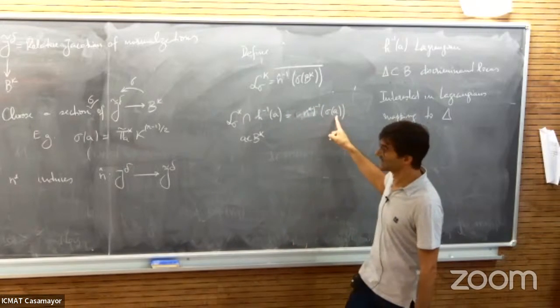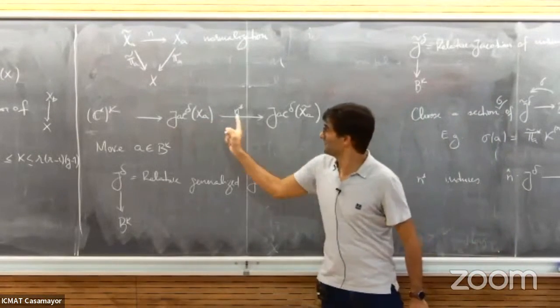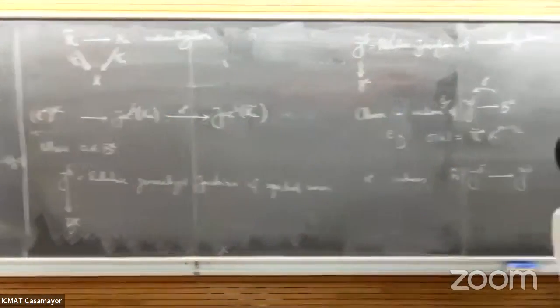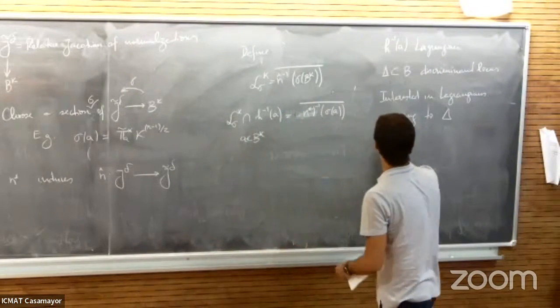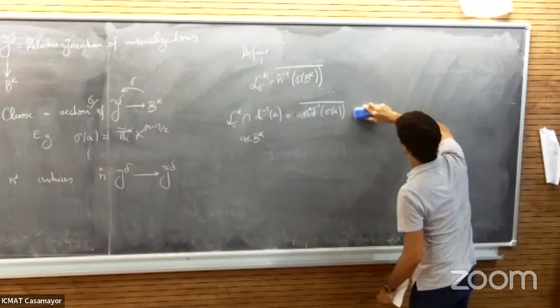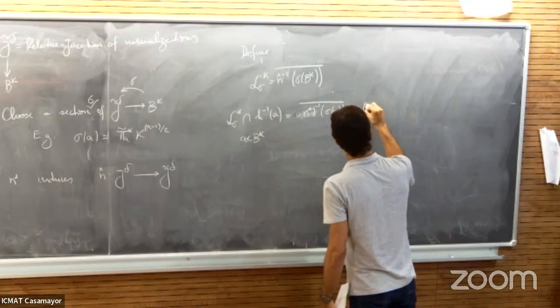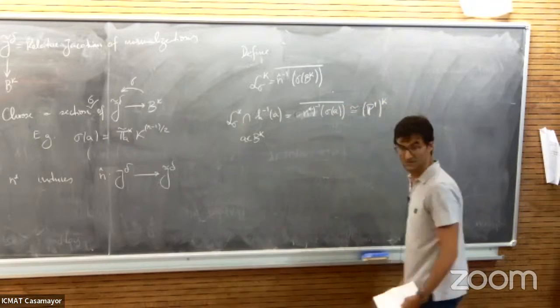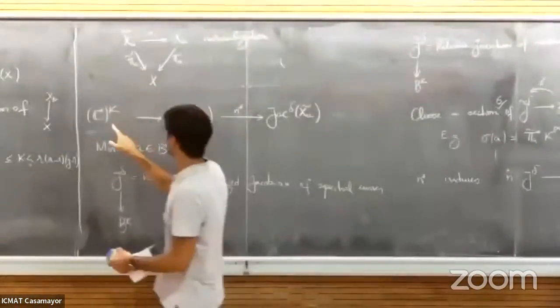We have sigma A, I'm taking its fiber and now closing it. And this is like a product of P1s.